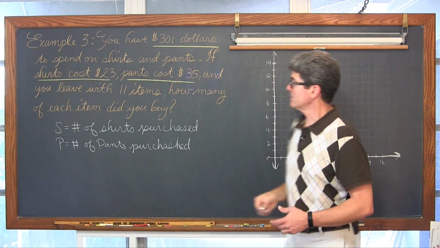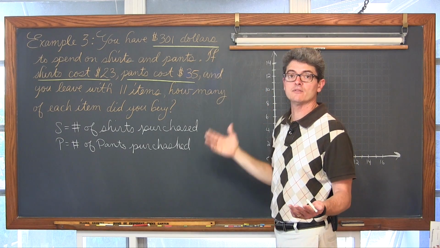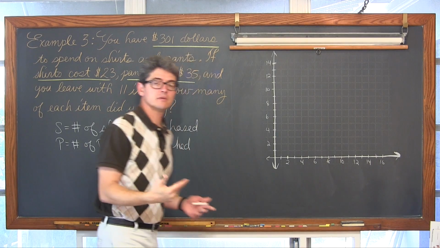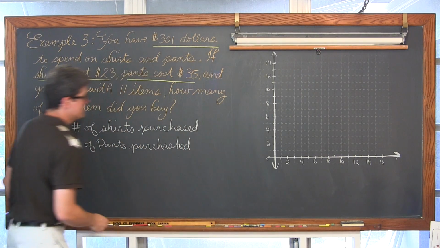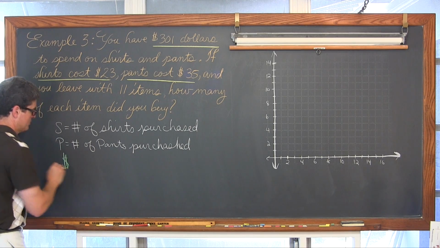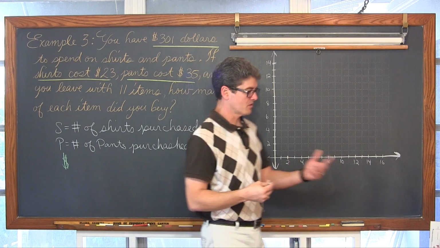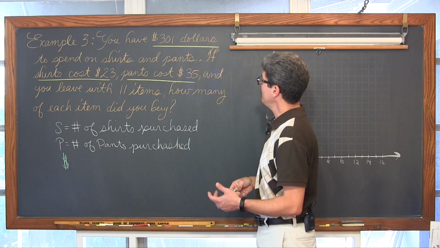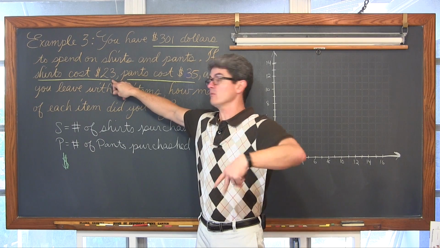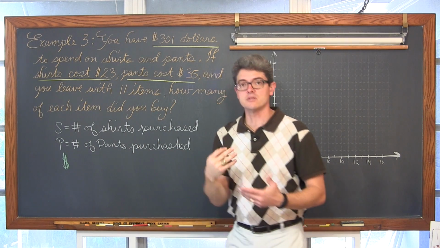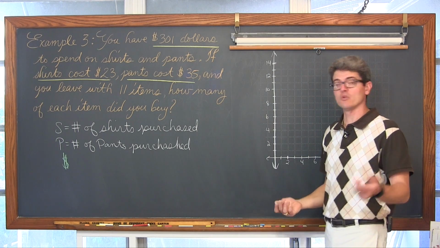We have information in here about money spent, so we probably are going to have an equation dealing with a total amount of money. And yeah, indeed, we'll do a dollar sign for money. When you go to the register, you're going to pay $23 for every additional shirt you buy, and repeatedly adding $23 is represented in algebra, or mathematics in general, actually arithmetic, with multiplication.